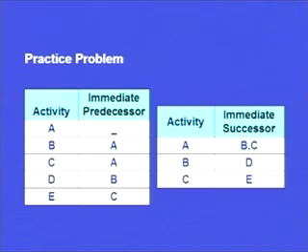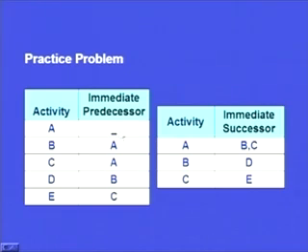Now the complete project here consists of 5 different activities. Now what are those 5 different activities? Activity A, B, C, D and E. Also we have on our screen the immediate predecessor for all these activities. Now activity A has no immediate predecessor, which means that A is not dependent on any other activity.